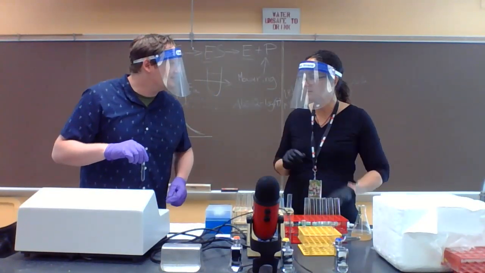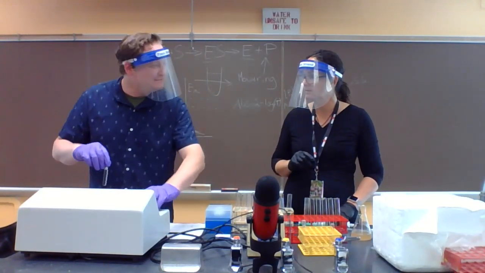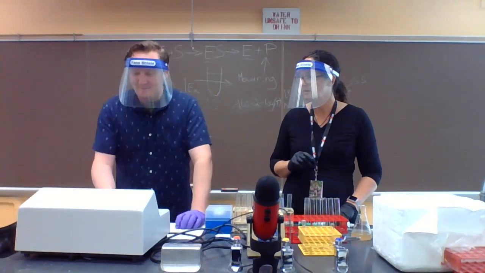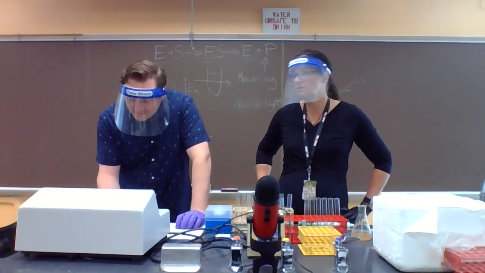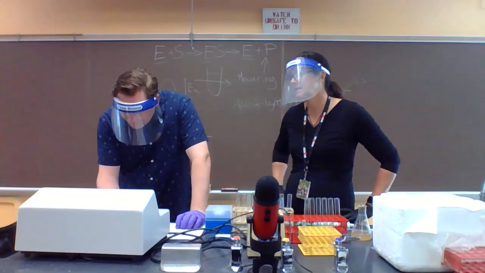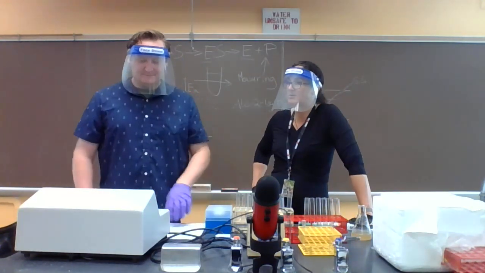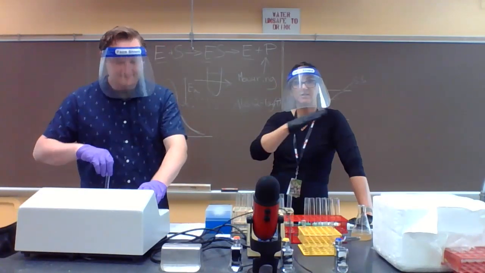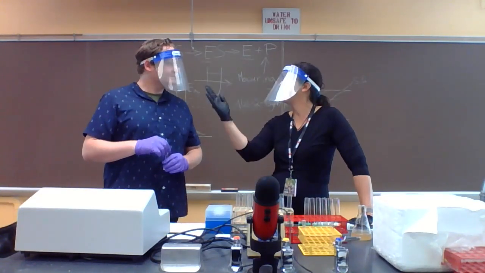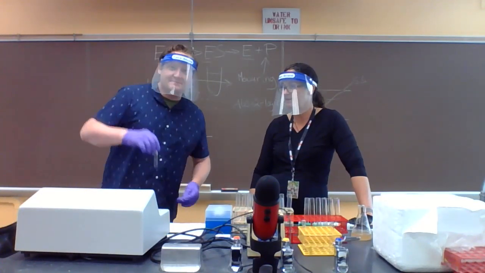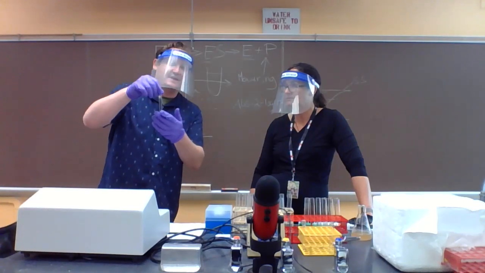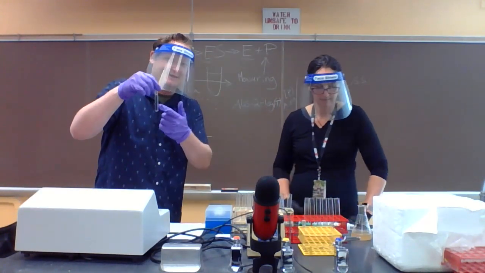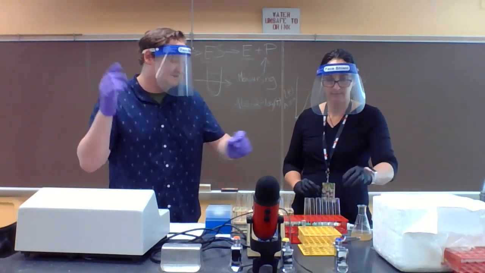I'm sure that in one of these labs we'll have a nice sort of face-on video for the students. All right, and so when you blank a spectrophotometer, you're actually setting the absorbance or the percent transmittance to 100. So what that's doing is it's allowing all the light to go through. Yeah, and that tells us the amount of light absorbed by just the distilled water, because we don't want to be measuring absorbance or transmittance of the distilled water.